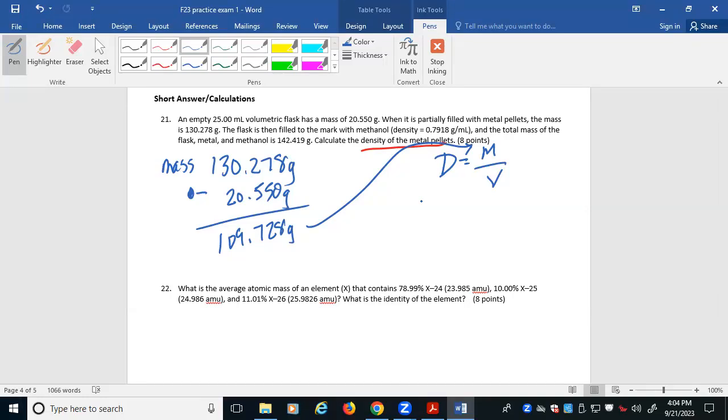Now for the volume, it's a little bit more complicated. We know that we have an empty 25 milliliter flask. And so we know that when we fill that volumetric flask up, it's going to be equal to the volume of the metal and the volume of the methanol that is used to fill it.